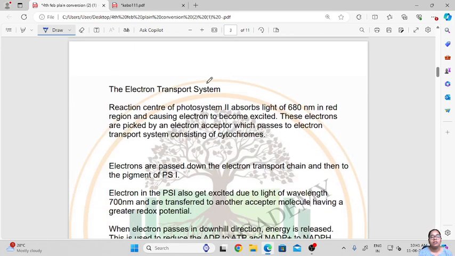Now the electron transport system. How does electron transport take place in these photosystems?